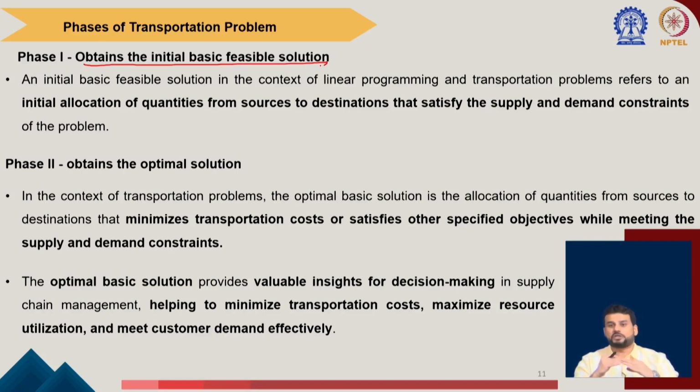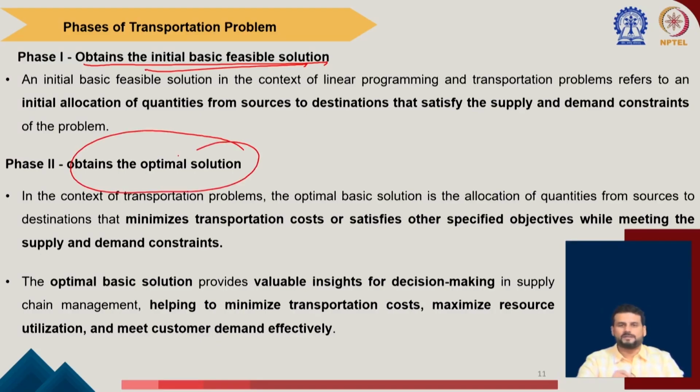It is a solution you can implement, but it is not the optimal solution, not going to give you the highest profit, right. Once you get the initial basic feasible solution, we will go for the optimal solution. We will do an iterative process, opt for some algorithm, and see how much we can minimize the cost. In operations research, these two are the basic steps.